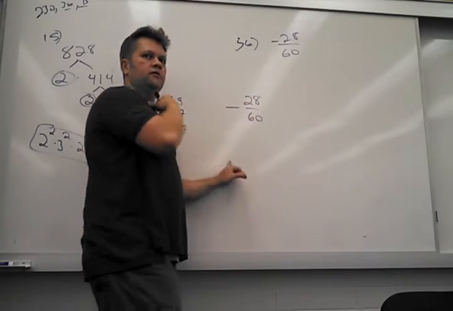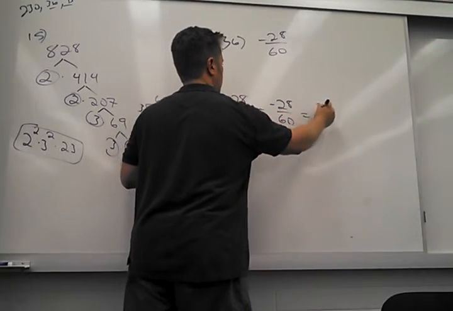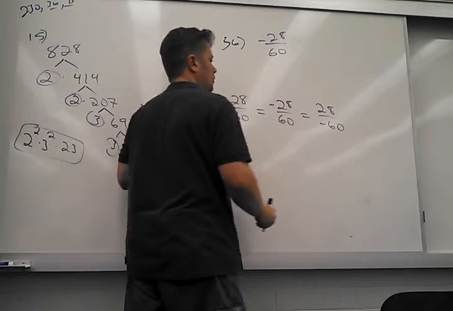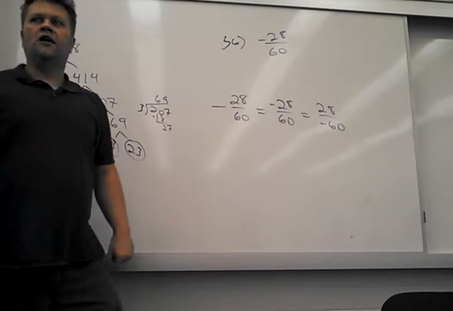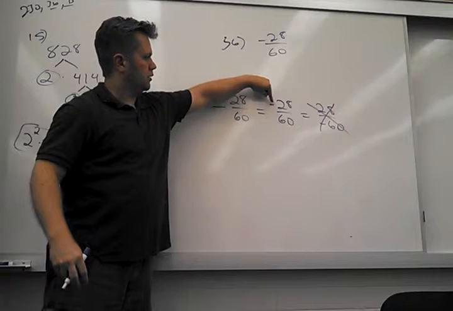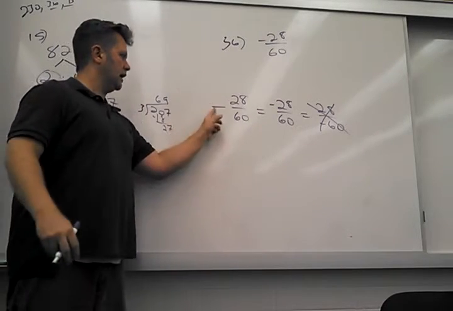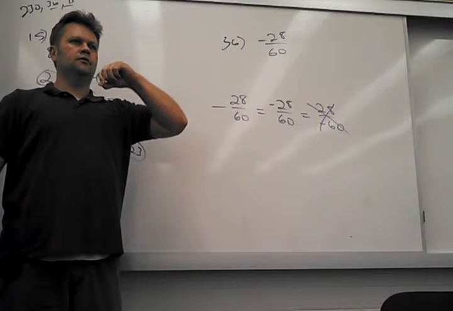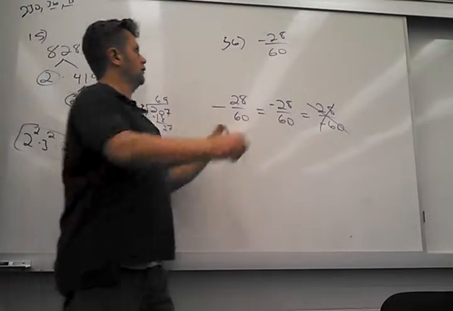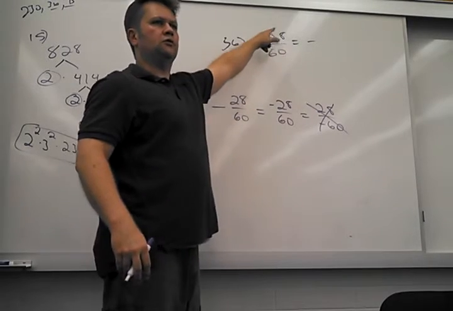This number is the same thing as this number, which is the same thing as this number. Conventionally, you would never see this. You would always either see it on the top or out front, but they all represent negative. So that's why whatever your answer is just going to be negative, and then you worry about how does that reduce.